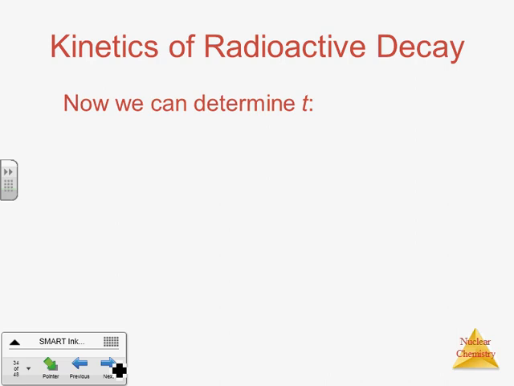Now we can determine the t in the other equation. So now we've got the natural log. Let me make sure I get the equation right. Sometimes I get this thing switched around. Natural log of A at time t minus the natural log of A at time 0 equals negative kt.